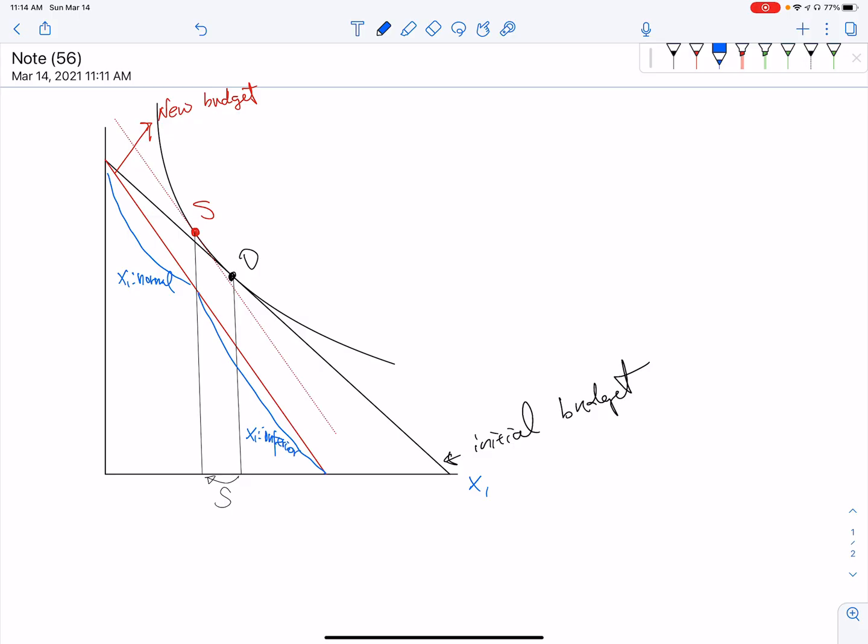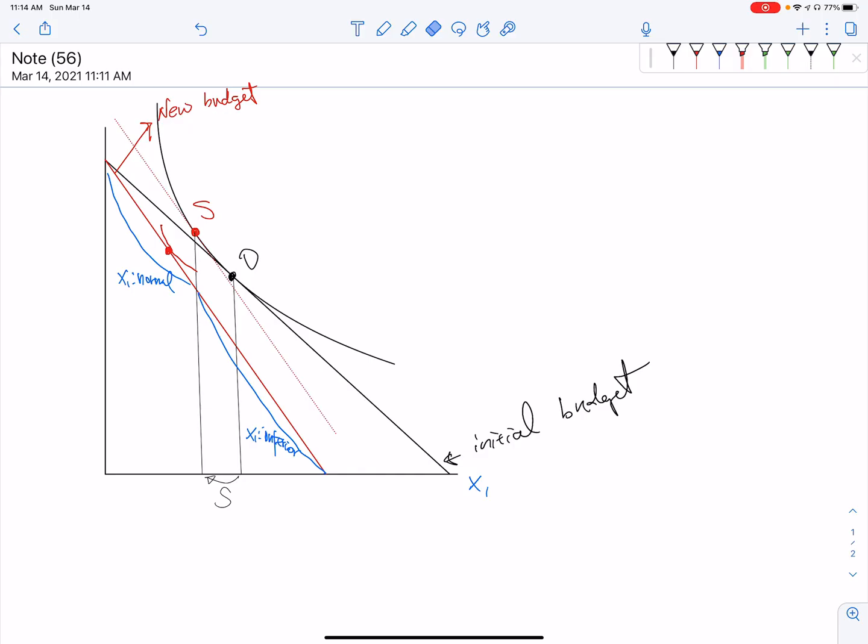So if it's a normal good, then you're going to end up here as an optimal decision. Then as you see, the substitution effect and the income effect are in the same direction.